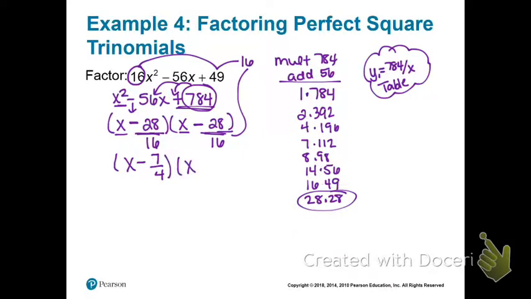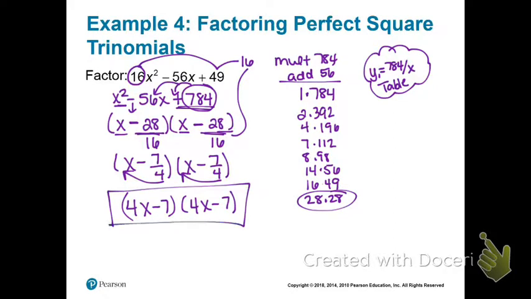And this is the same thing, so it's going to be the same. And then the number on bottom gets thrown back in front of the x. So you get 4x minus 7 times 4x minus 7. So we are factored completely, but wait, they're the same, so we could have written this as 4x minus 7 squared. So either one of those are correct answers.